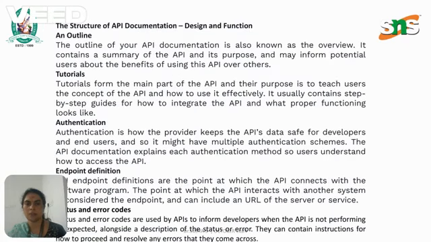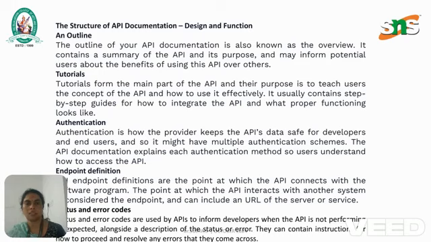The structure of an API documentation, its design and function, is first the outline, next the tutorial, then authentication, then the endpoint definitions, and then the status and error codes. The outline is the general overview or summary of an API, and the tutorial tells about the main part of the API and its purpose.